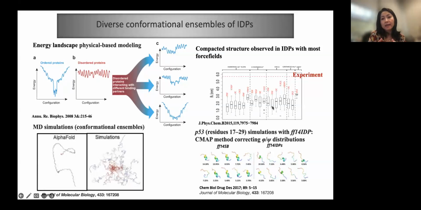In fact, they tend to sample more compact and more helical structures. But there is also a recent paper by Ray Luo's lab on one of my favorite force fields to use for IDPs, the FF14IDP, and the picture shown here is in somewhat good agreement with experimental data.